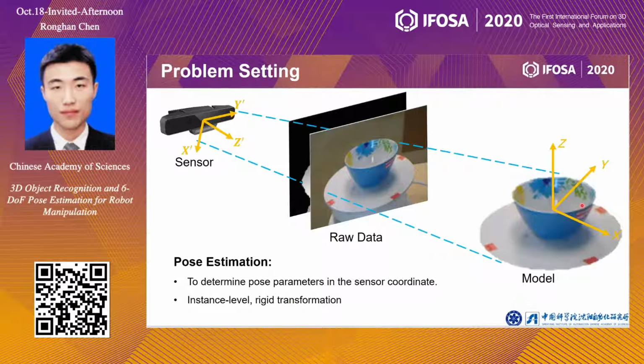For example, SSD uses the SSD detector for detection and estimates the pose by classifying the view ID and the in-plane rotation ID. And PoseCNN uses three heads to predict segmentation, location and orientation.